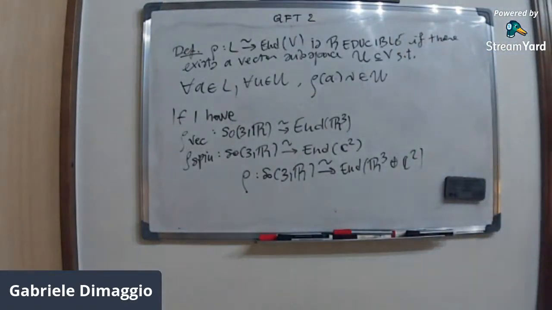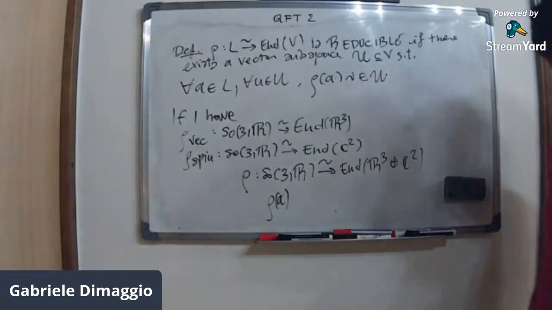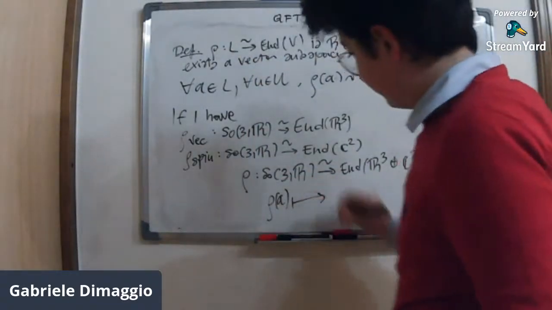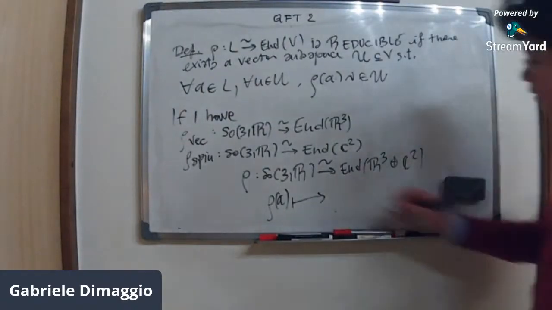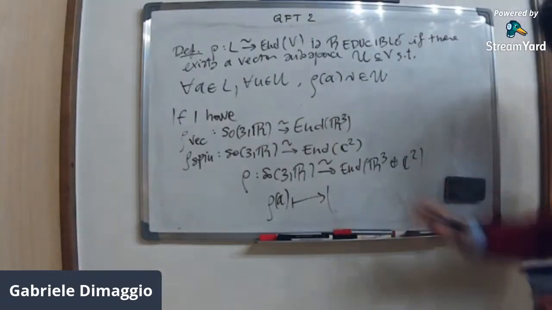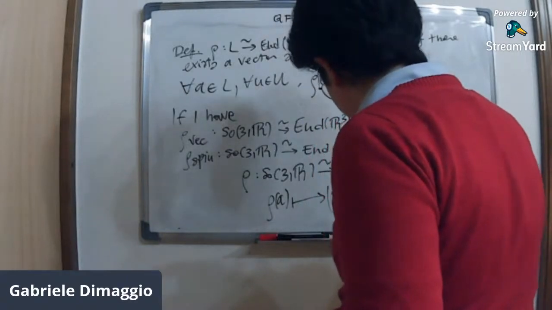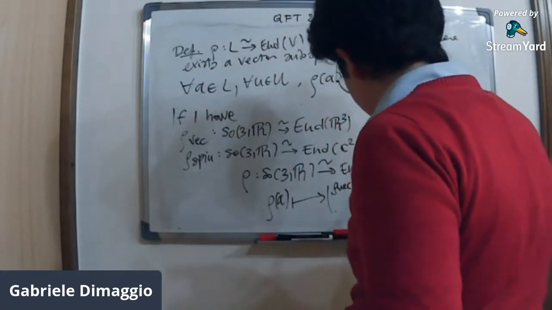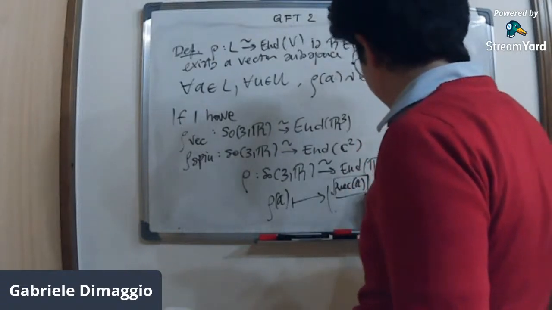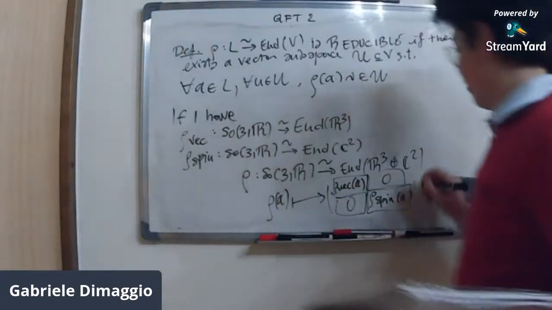Okay, and this kind of representation, this rho of A, so of an element of the Lie algebra, is an endomorphism of this kind. I have a block matrix: rho vec of A and rho spin of A, and so I have here these two matrices, and here I have the zero matrix. Perfect.